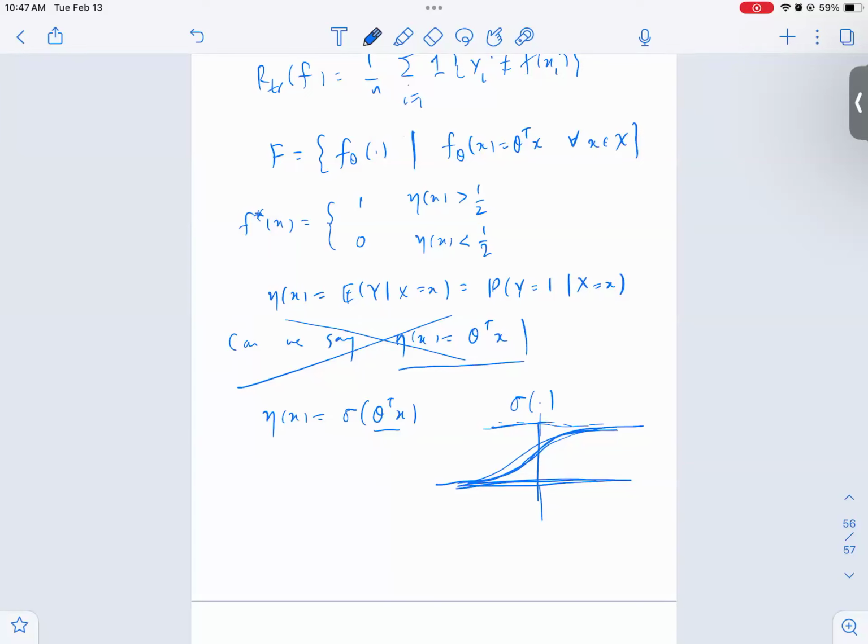You can take this to be anything like this, or define it more complicated, but if you take it to be this particular function, eta of t equal to 1 over 1 plus e to the negative t, they call it logistic regression. The model we get, modeling the regression function like this, is called logistic regression. So this is a simple solution that we can do, and it's sort of equivalent to linear regression.